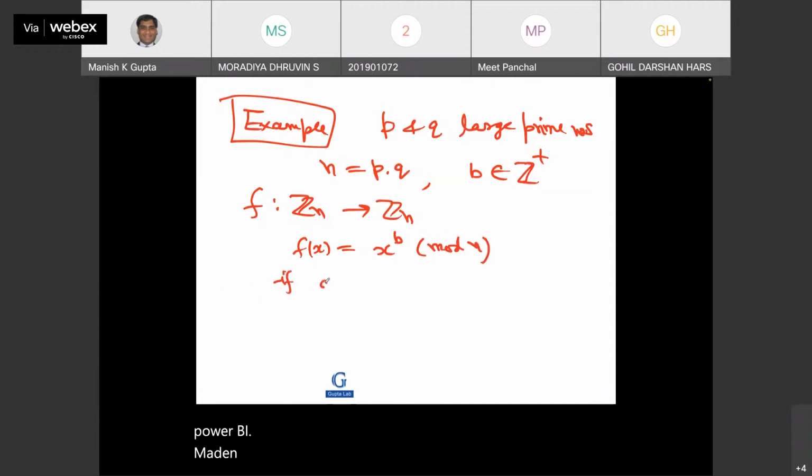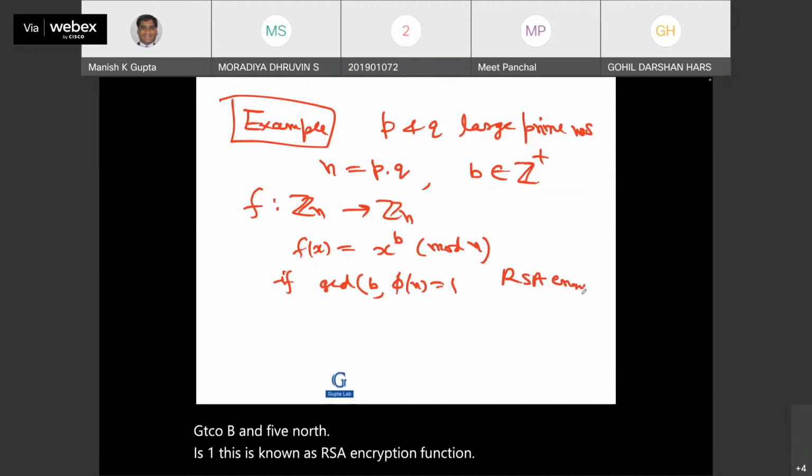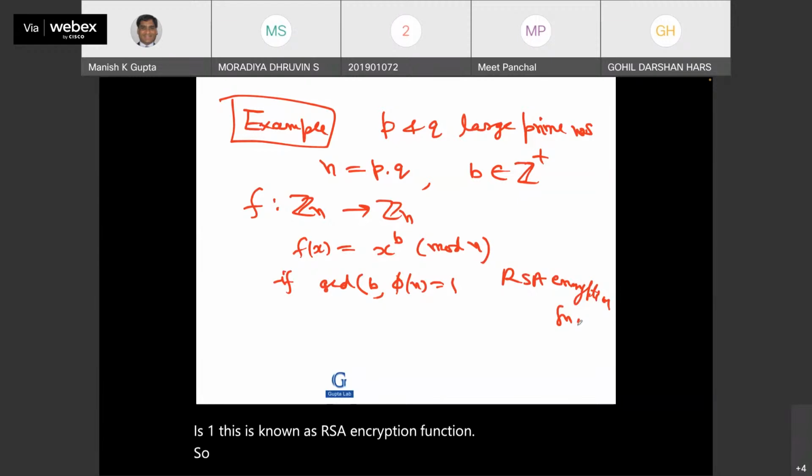If GCD of b and phi of n is 1, this is known as the RSA encryption function. We'll talk about it in more detail.